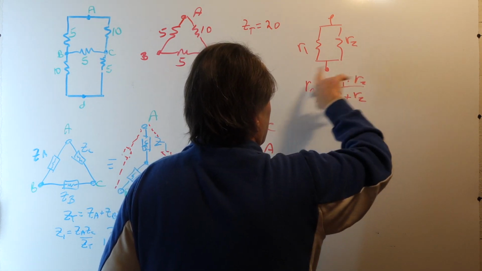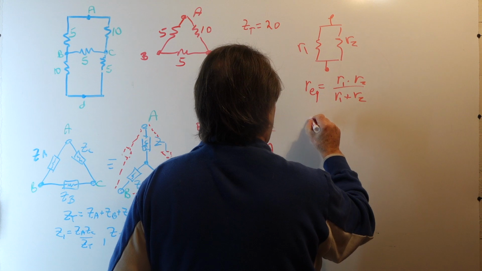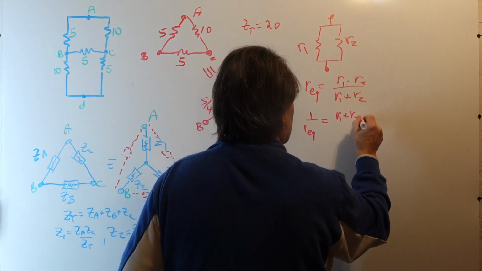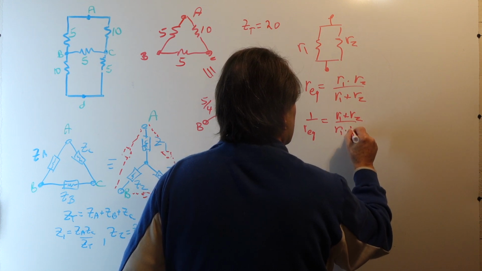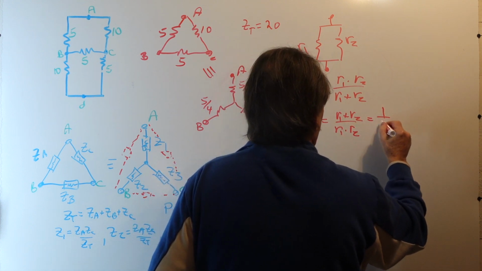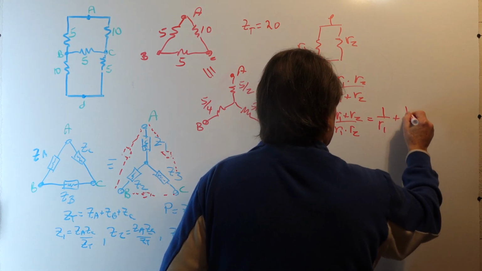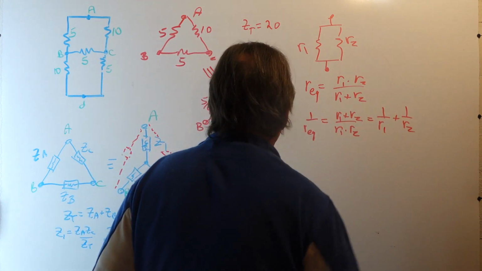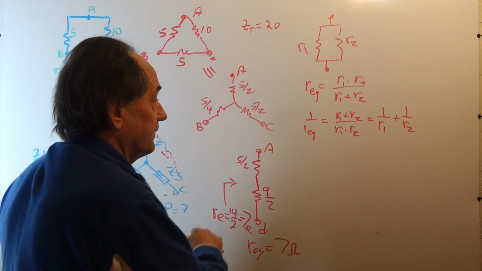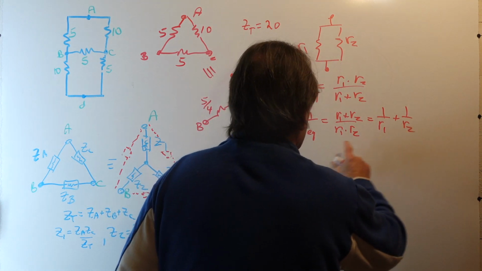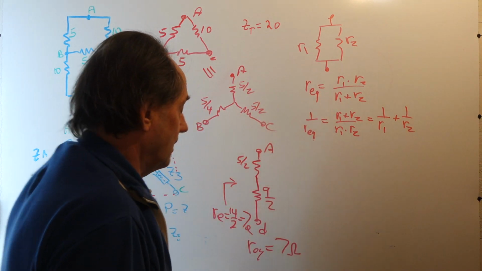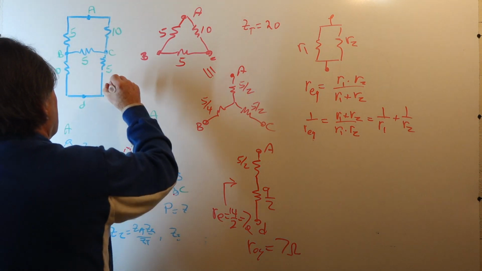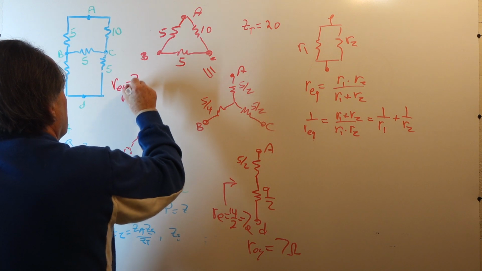The way I did it with the reciprocals, 1 over R equivalent is R1 plus R2 over R1 times R2, which is 1 over R1 plus 1 over R2. What we're doing is adding conductances when we do that. And that's what I did when I solved this. You can add the conductances and then take the reciprocal to get R equivalent. So, we know now that the equivalent resistance is 7 ohms.